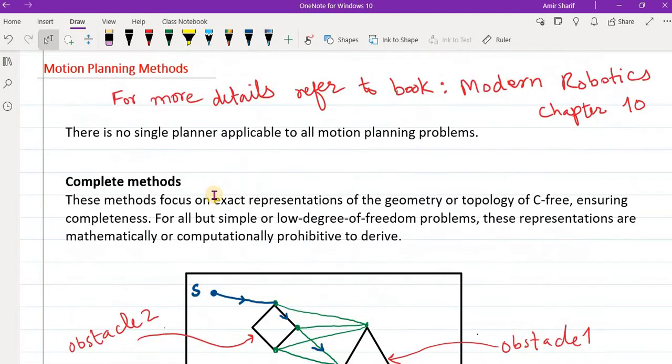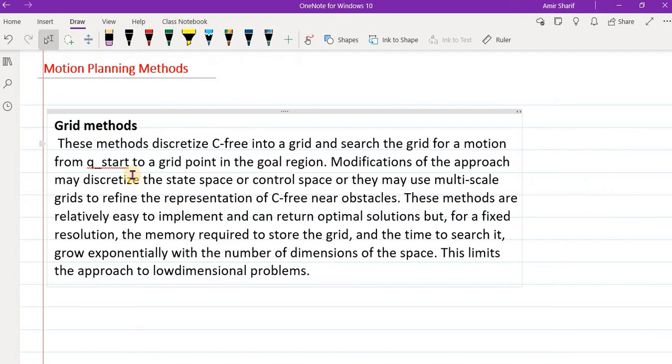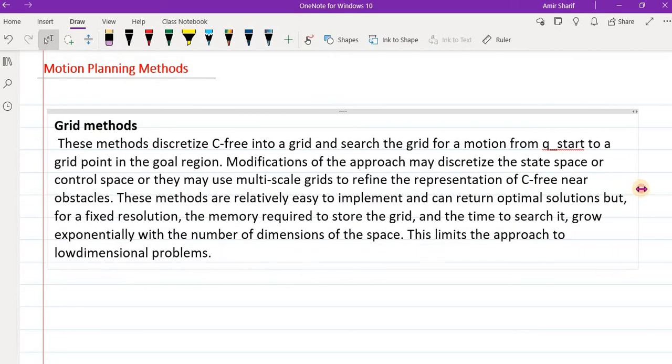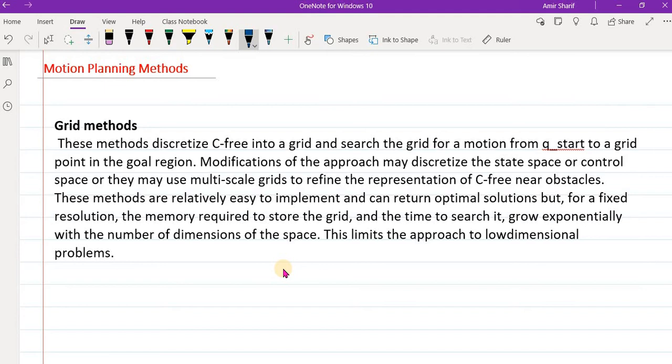Okay, so this was the first method for motion planning, and now let's go for the second method. The second method is the grid method for motion planning. This is, I would say, the most commonly used method.